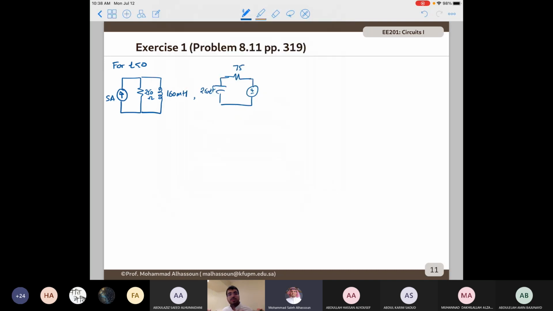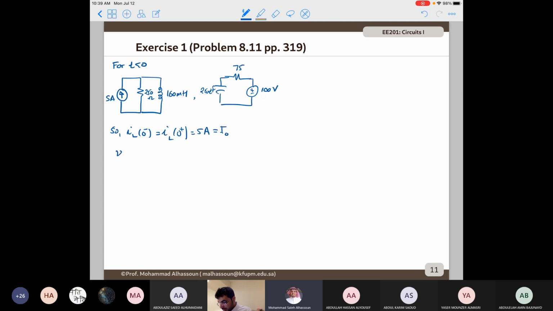So from these two circuits, what can we deduce? Yes, sir. We can deduce the initial current and initial voltage for both the inductor and the capacitor. Yes, it will be 5 ampere and 100 volts. Exactly. So the initial current in the inductor can be found from this circuit, which is going to be 5 ampere, and this is going to be I naught.